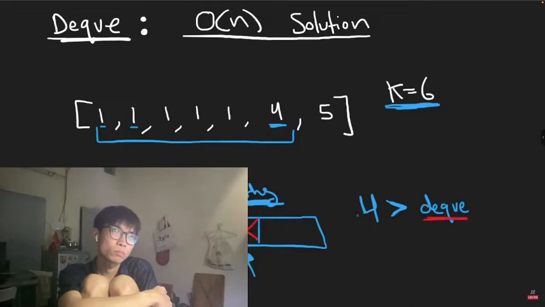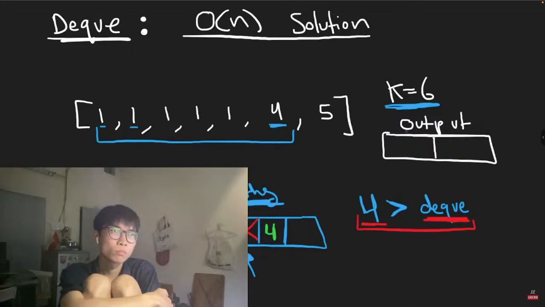And now we're going to make the comparison again. We see there's still a 1, so 4 is still greater than the top of our deque, so we're going to pop this, pop that, pop all of them, and after that, we're going to add the new value 4. And so what are we going to add to the output? We have an output array.